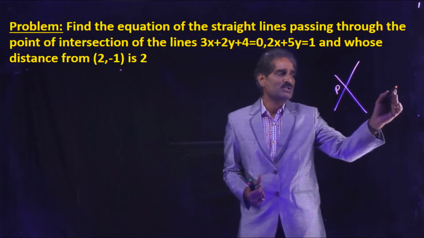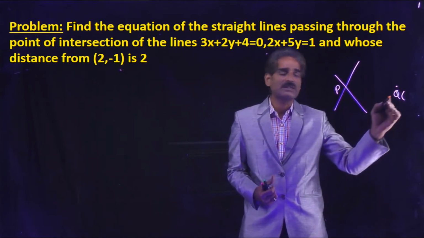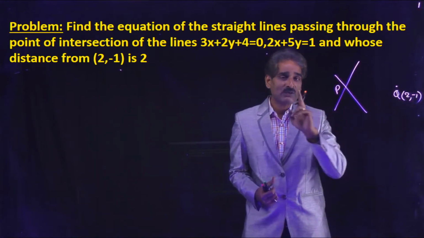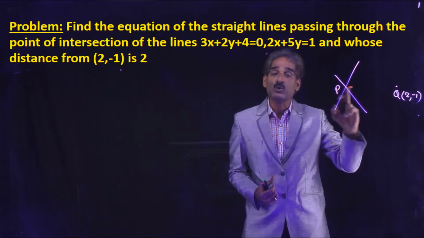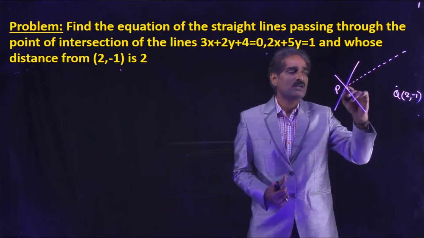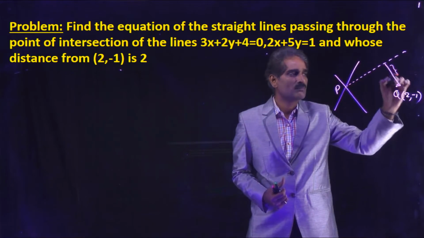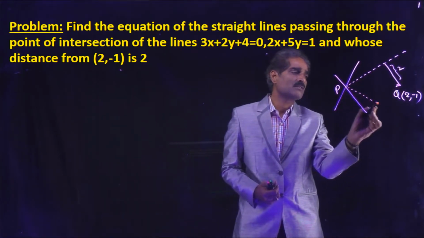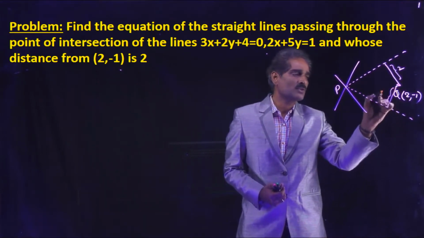Suppose this is one of the lines passing through P and having distance 2 units, and there exists another line whose distance is also 2.